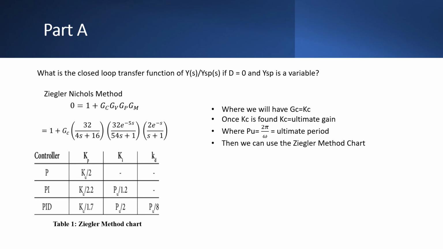Here we assume that Gc will equal Kc, and once Kc is found, which is our ultimate gain, and then we find our ultimate period, we can use the Ziegler-Nichols chart in order to create either a PI controller or PID, depending on the situation we need.